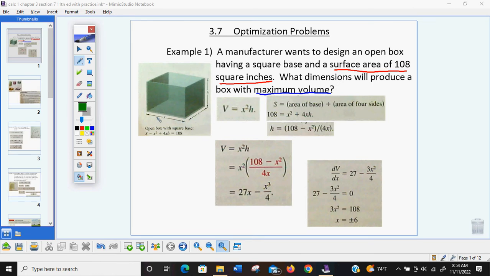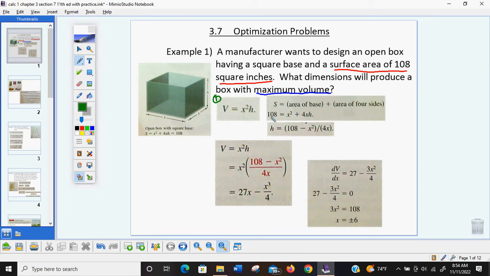Volume of a box is length times width times height. Now because this box has a square base, that would be X times X times H, and that would be V equals X squared times H. That would be the equation for volume of this box. That's the first thing you want to do. Let's put a little 1 there.